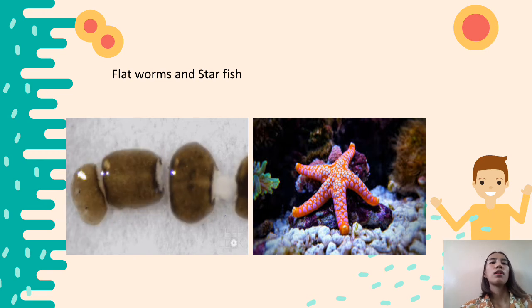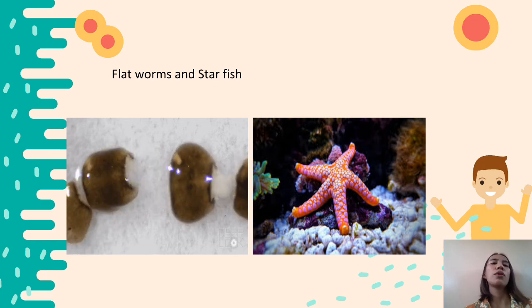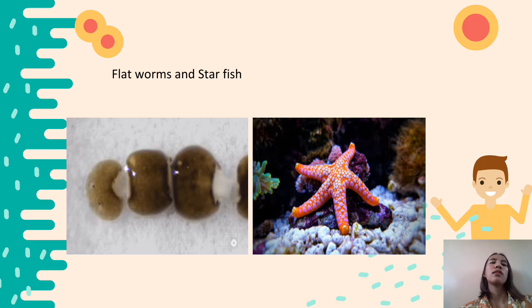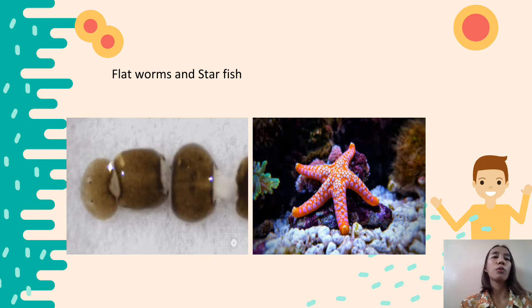So, for example, you're scared, you saw a flatworm, and then you broke it. You try to break it, and then it's not a good or a proper way, because it will become more flatworms.